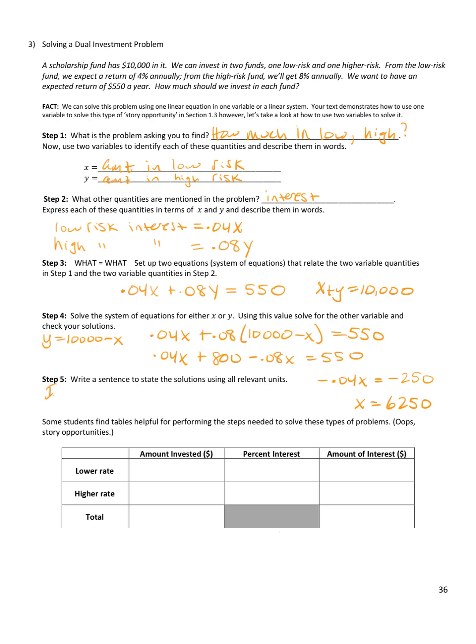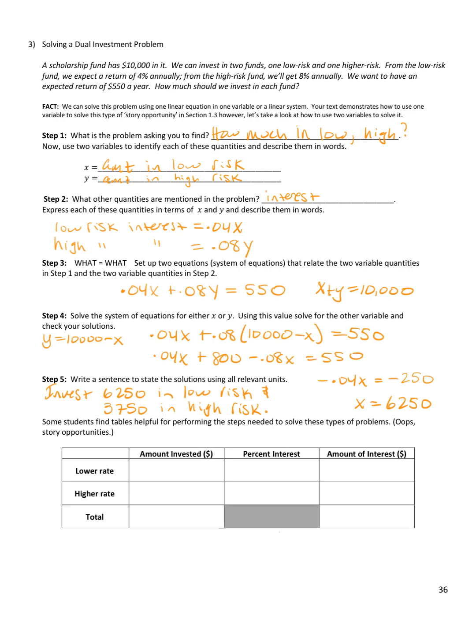So we invest 6,250, that's x, in the low risk fund. And the rest of our money, 3,750, in the high risk fund. And that will result in $550 of interest per year.